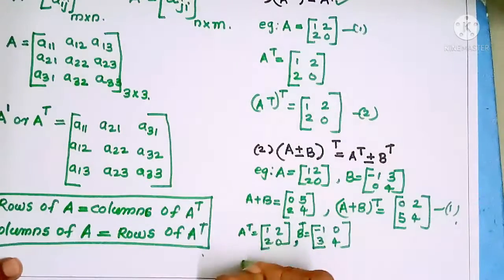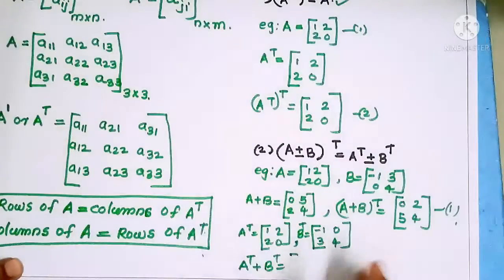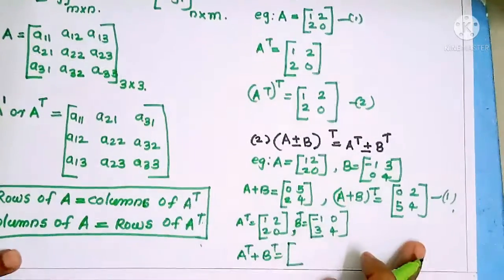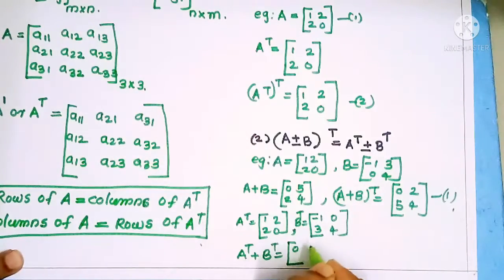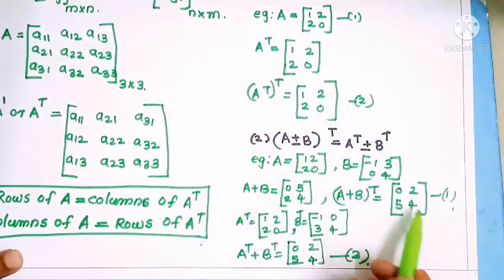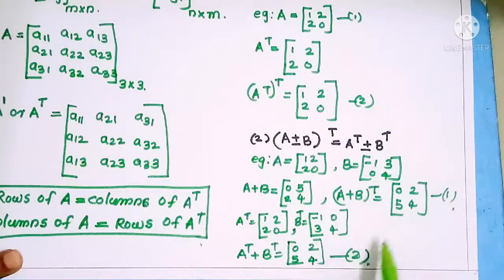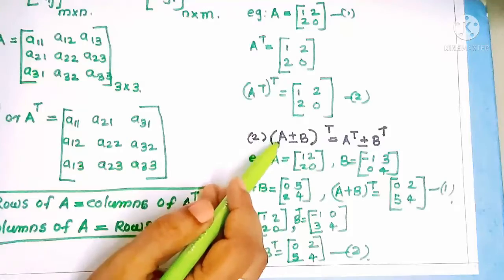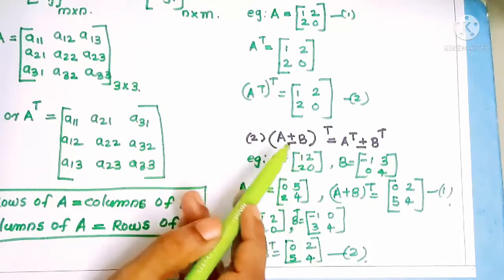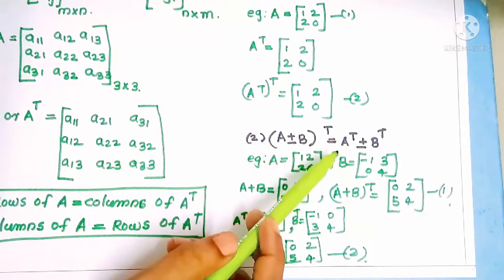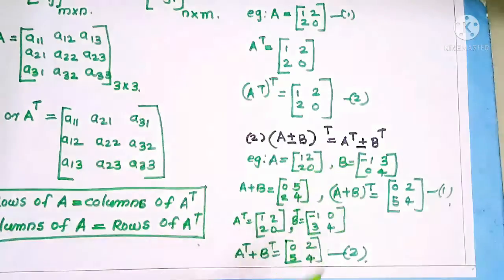Again find A transpose plus B transpose: 1 minus 1 is 0, 2 plus 0 is 2, 2 plus 3 is 5, 0 plus 4 is 4. This is equation number 2. If you compare the first and second equation, both are equal. So we can say (A plus or minus B) the whole transpose should be equal to A transpose plus or minus B transpose.